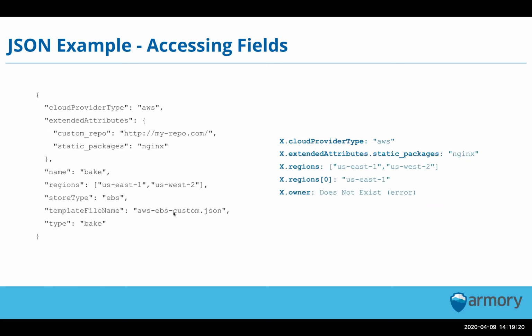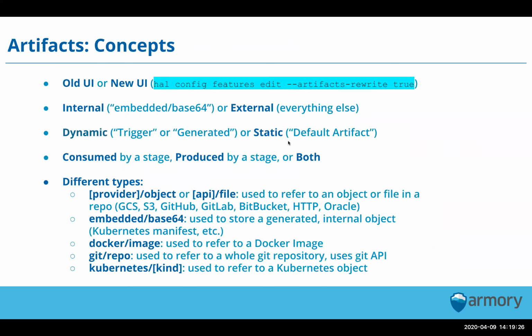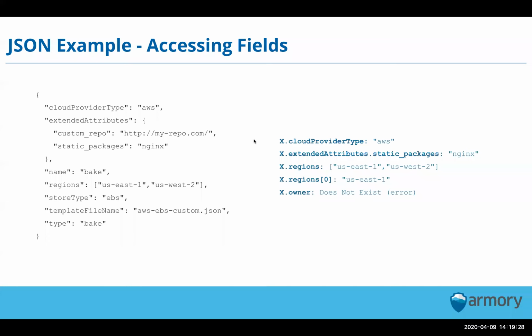For example, if this is my JSON stage definition or stage information, cloud provider type, to access that, assuming we have a top level object of x, then .cloudProviderType would be right here. This would be my AWS. We can potentially access nested parameters or nested fields. So .extendedAttributes.staticPackages would be the staticPackages object, which is a child of extendedAttributes.